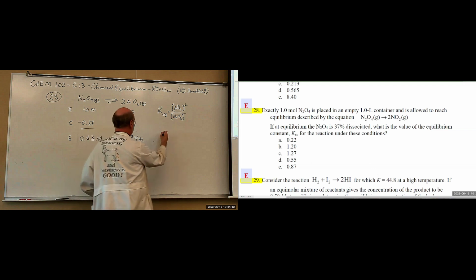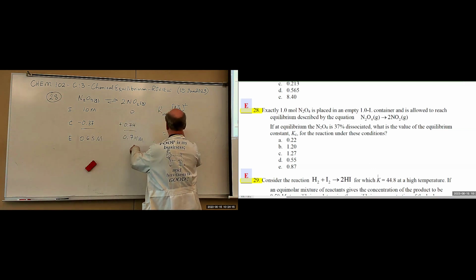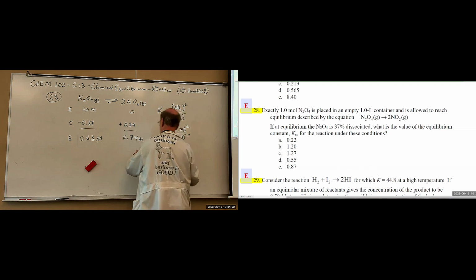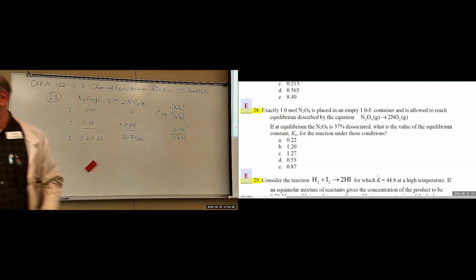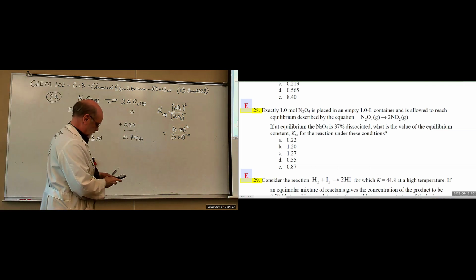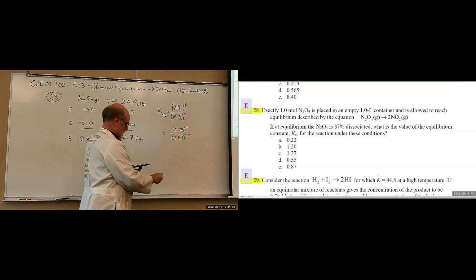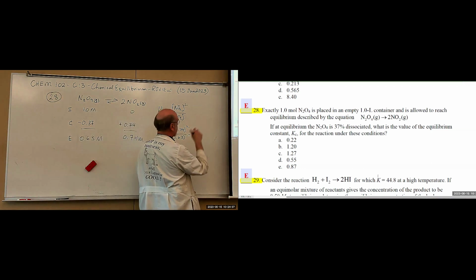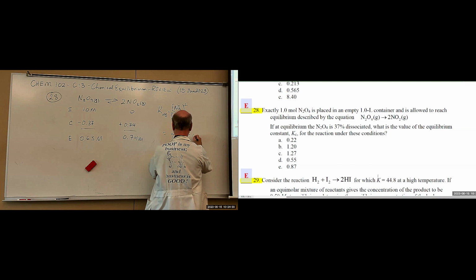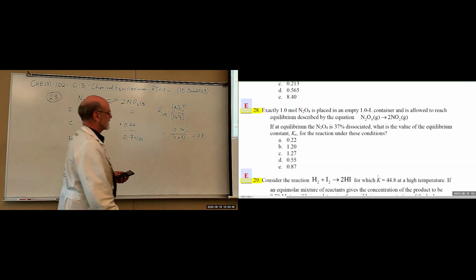Now we can calculate our K. 0.74 squared over 0.63 equals what? 0.74 squared, and then divide by 0.63. So I get, let's see, they use standard notation, so I'm going to read it that way. 0.87. E.